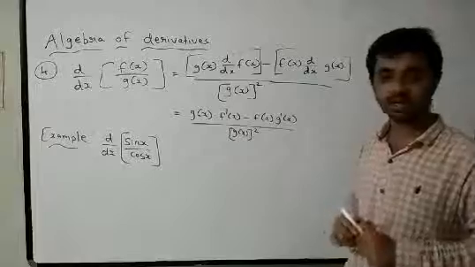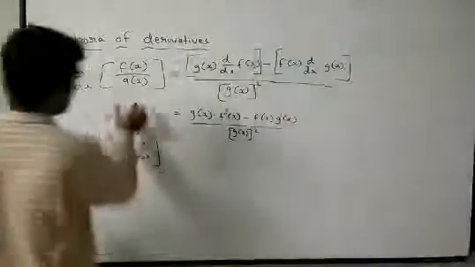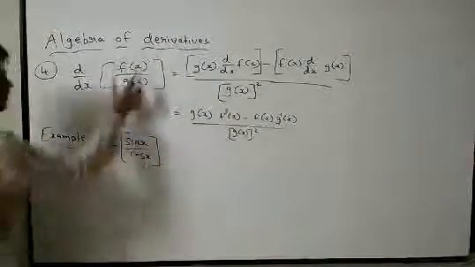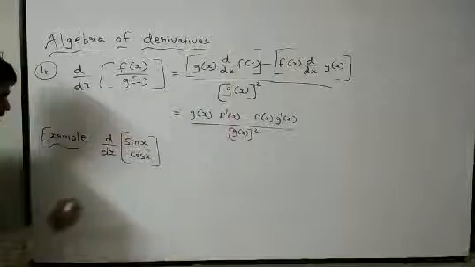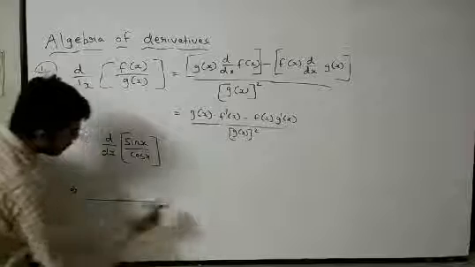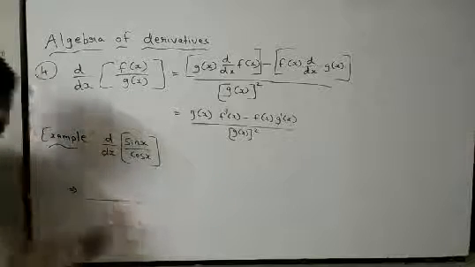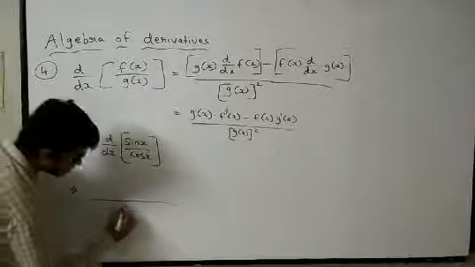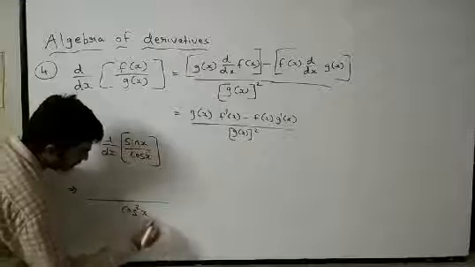Now how are we going to apply this rule? As I told you, here g of x is cos x and f of x is sin x. The very first step, we write cos x as it is, but we square it, so cos x squared is cos square x.